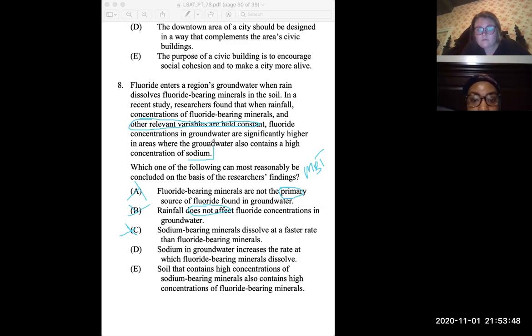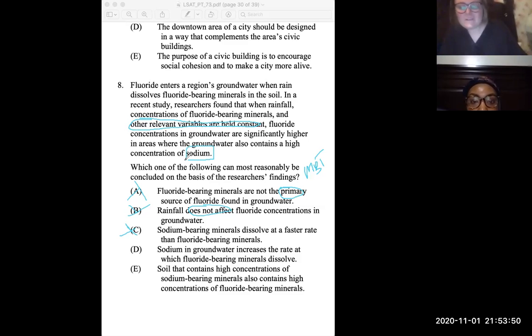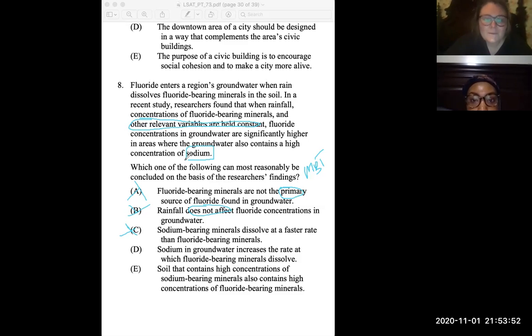I agree with you that I consider these must be true questions, but technically it's a most strongly supported question because it says most reasonably. Most strongly supported is kind of like 90% guaranteed, where must be true is 100%. But I still approach them the same way, so I wasn't going to correct you on that.